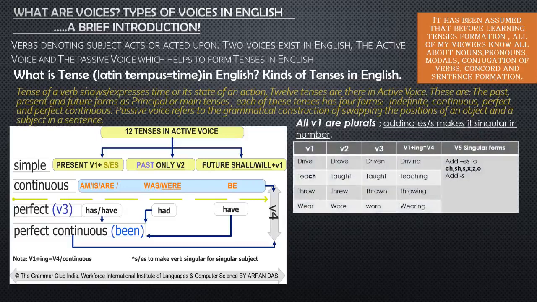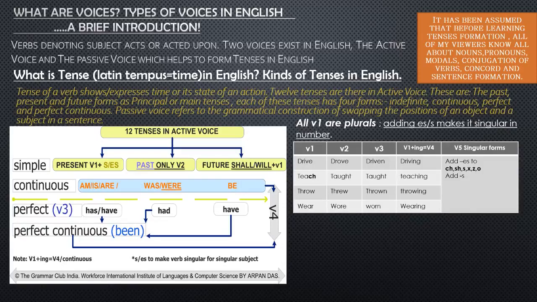Hello. Let us have some elaboration based on conjugation of verbs, which are represented by V1, V2, V3, V4 and V5. V1 plus ing results in V4, and V5 is the singular form.